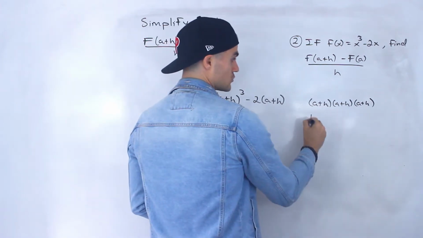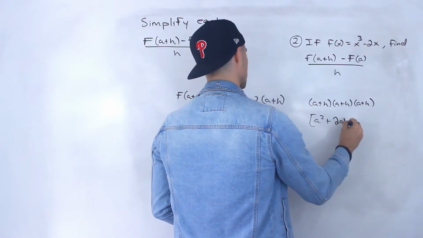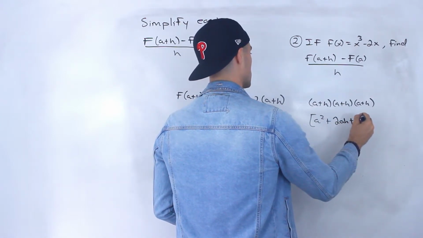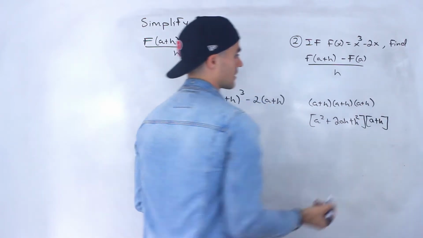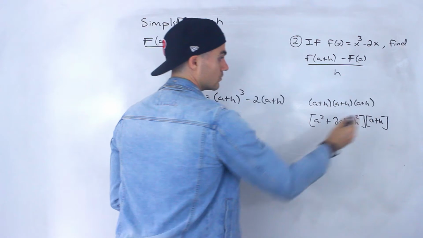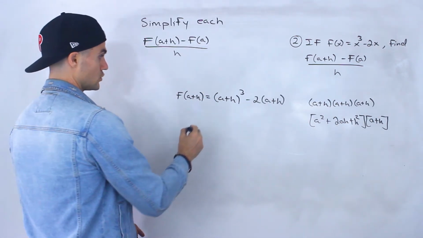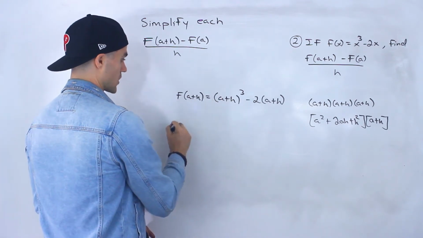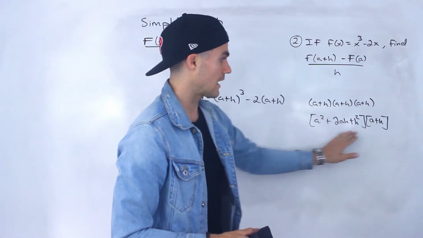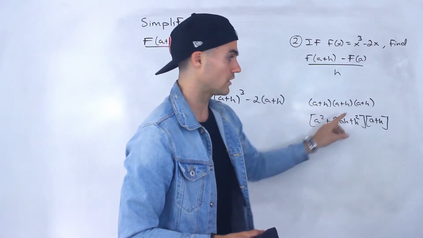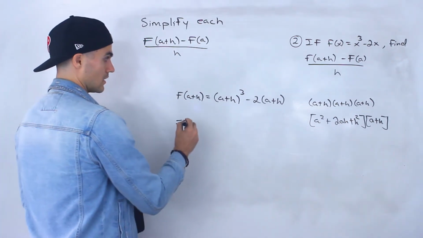So you could FOIL out these two brackets first. You'll have a squared plus 2ah plus h squared, and still multiplying by that a plus h there. And then you'd FOIL out all of that stuff. Now I'm going to use Pascal's triangle for this. If you've never used Pascal's triangle, don't worry about it. Just use this method and FOIL everything out, simplify it, and make sure you get the same answer that I get.